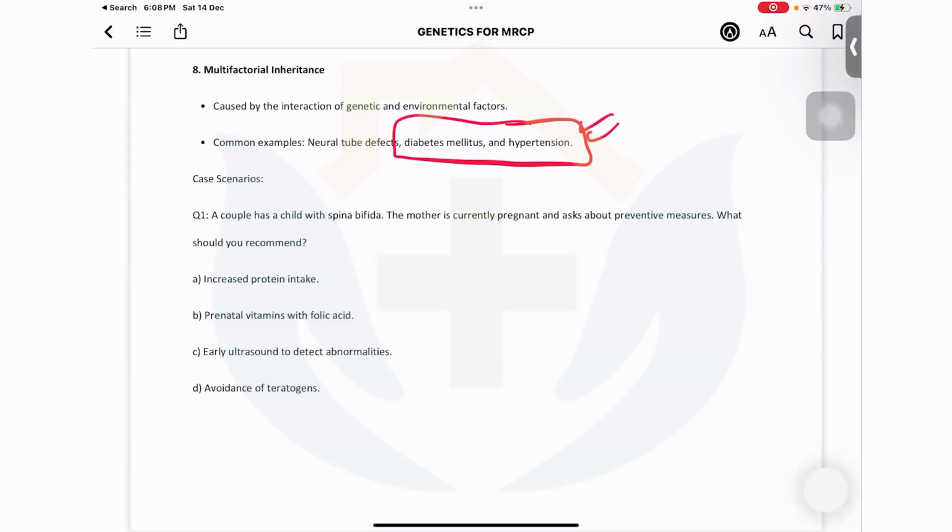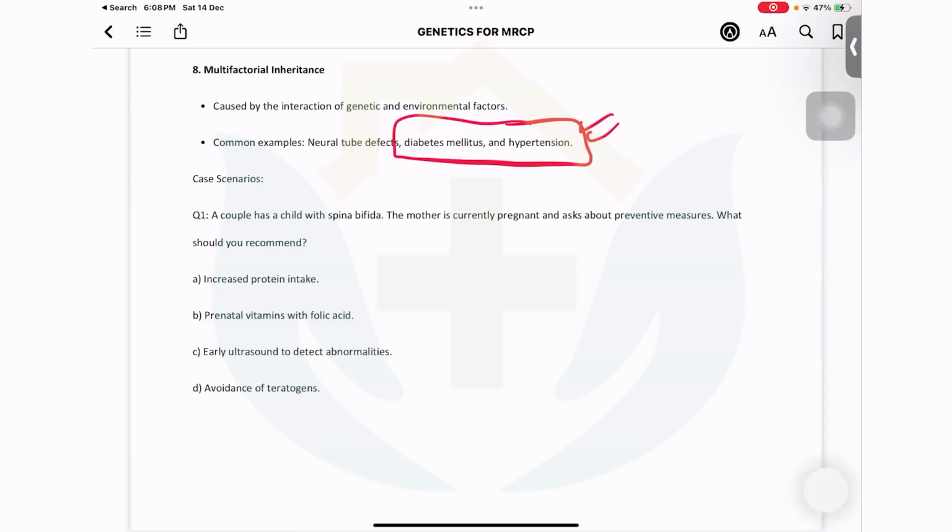Let us take a case scenario: a couple has a child with spina bifida. The mother is currently pregnant and is asking about preventive measures. Can I prevent my second child from getting spina bifida? What are the chances of my second child also having spina bifida? What will you recommend? Increasing protein intake, prenatal vitamins with folic acid, early ultrasound to detect abnormalities, and avoidance of teratogens.